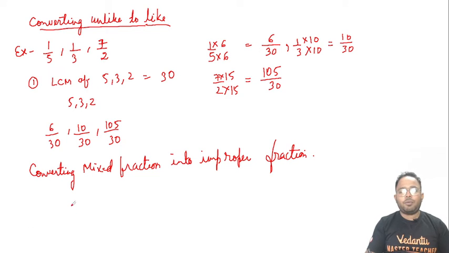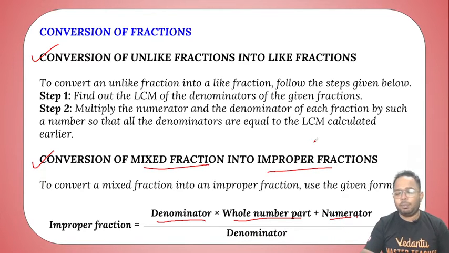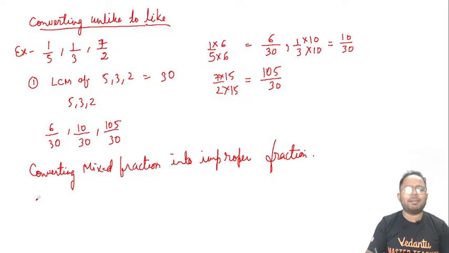Okay. So, for that, what we have to understand is, see, denominator into whole number part plus numerator, divided by denominator. So this is how your mixed fraction gets into improper. नहीं समझ आया? कोई नहीं. See, very simple it is.